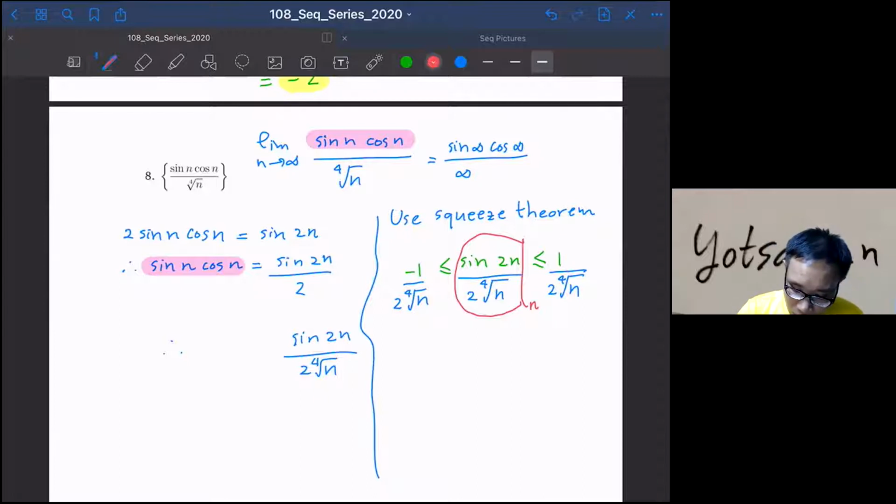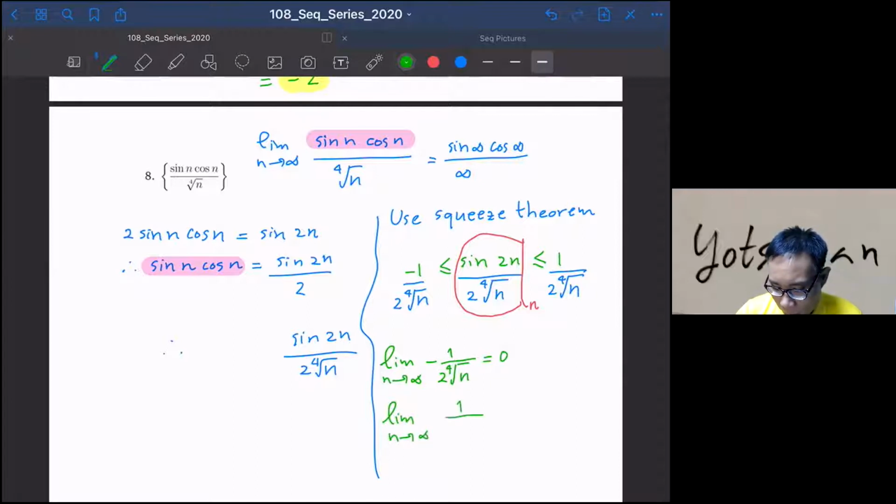So you're going to compute the limit as n goes to infinity of negative 1 over 2 times the fourth root of n, and it's going to become 0. And you have the limit as n goes to infinity of 1 over 2 times the fourth root of n, and this guy is also equal to 0.